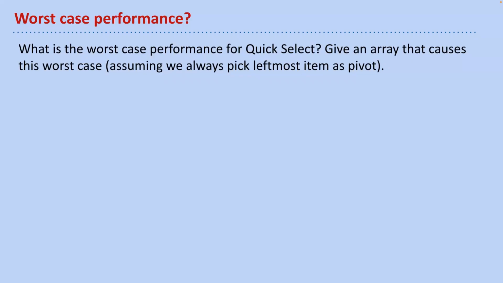What's the worst case performance for quick select? So we do this process. Any idea? Yeah. It's actually worse than in the worst case performance.